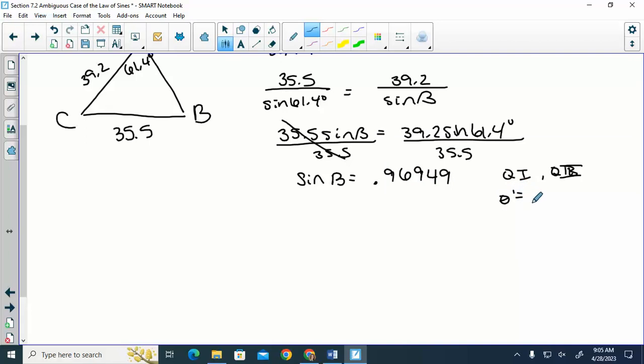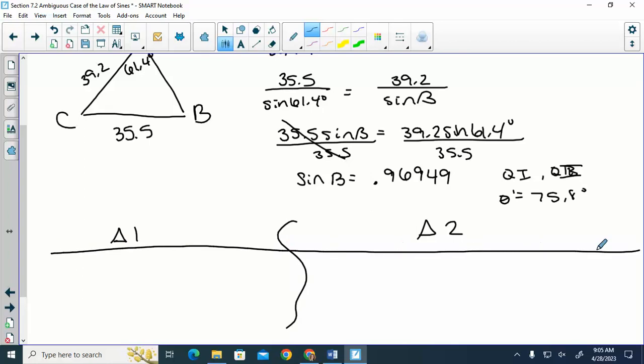And so I get 75.8 degrees. So we have to talk about the triangle in quadrant 1 and the triangle in quadrant 2. So in quadrant 1, your reference angle is your angle. So B would equal 75.8 degrees.